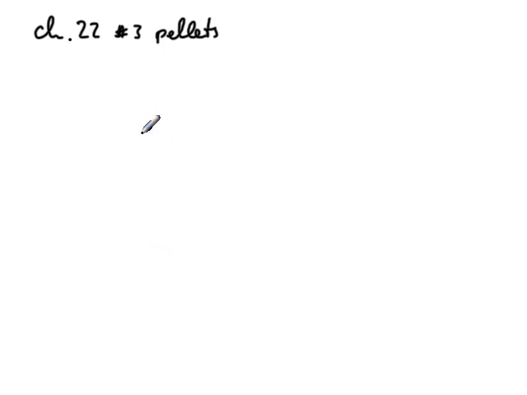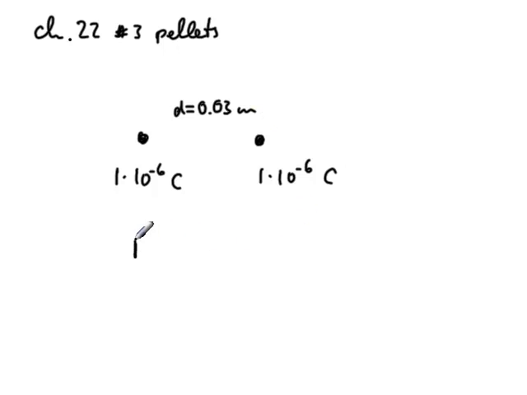So basically we have 2 pellets, and each of them has a charge of 10 to the negative 6 coulombs. And they're a distance of 0.03 meters apart, and we're supposed to figure out what the force is, of course according to Coulomb's law.